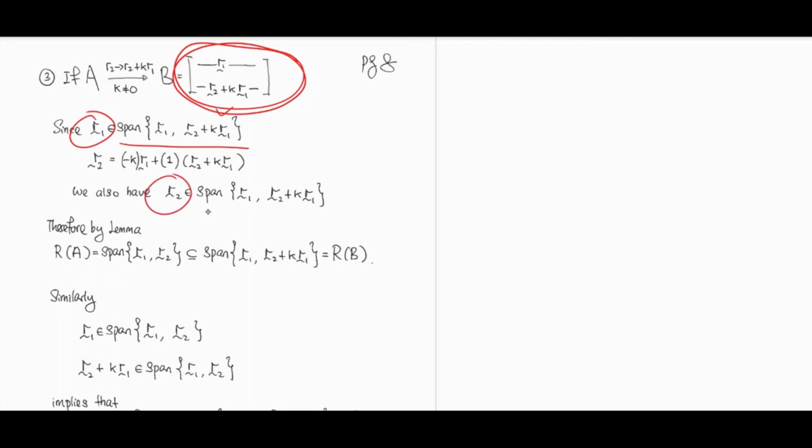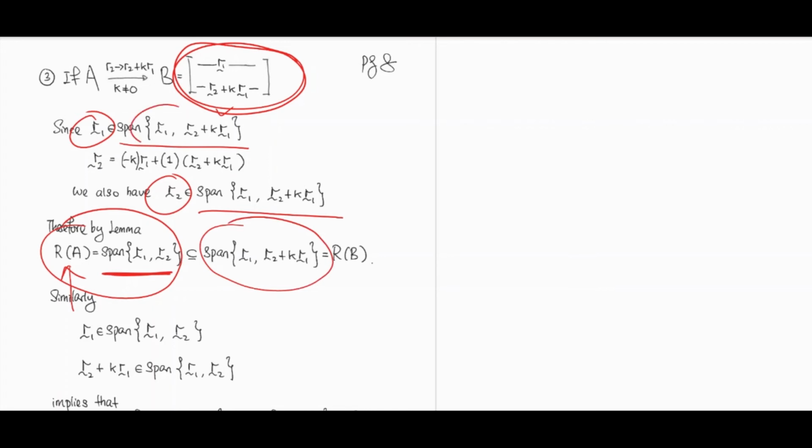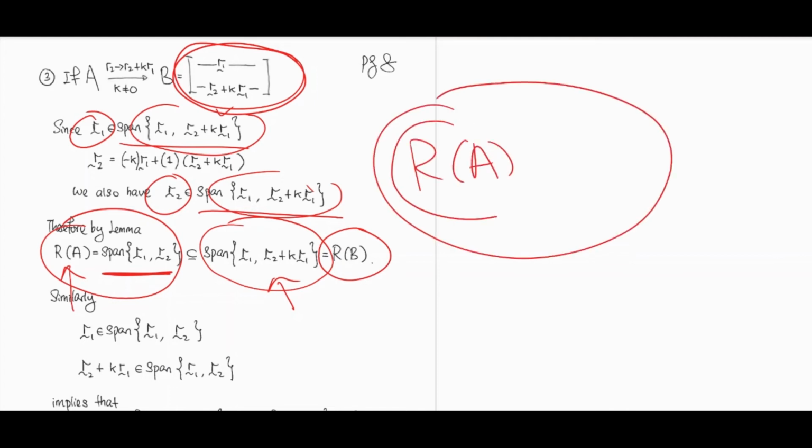Row 2 is in this set. So our lemma tells us that the span of R1 and R2, which is the row space of A, is a subset of this set, and this is the row space of B. So again, we have established that the row space of A is a subset of the row space of B.